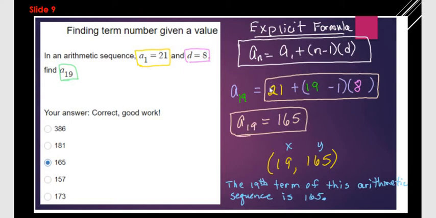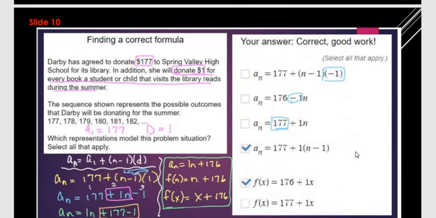Now, when I put all of this at one time into the calculator, I'll come up with the answer 165. If I were to write this as an ordered pair, since we're looking for the 19th term, it would be written like this, 19 and 165. The 19th term of this arithmetic sequence is 165.